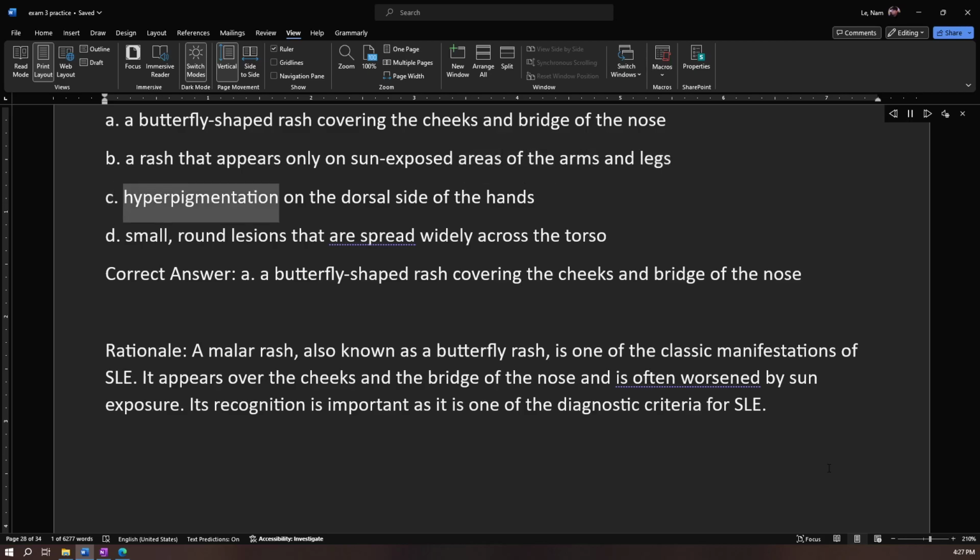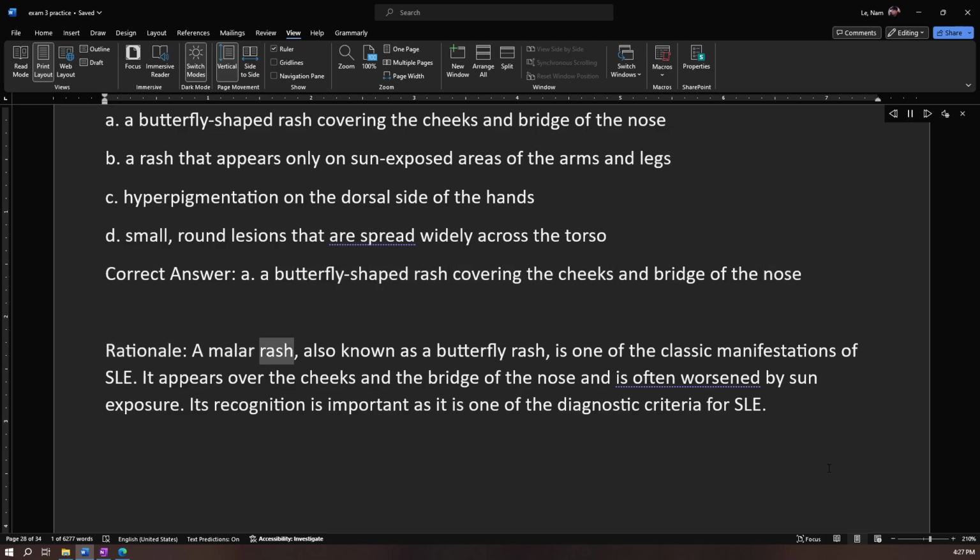C. Hyperpigmentation on the dorsal side of the hands. D. Small, round lesions that are spread widely across the torso. Correct answer. A. A butterfly-shaped rash covering the cheeks and bridge of the nose.